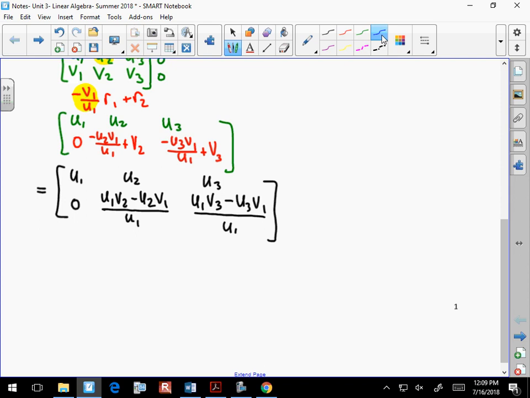Maybe I'll just backfill them in later on. It's homogeneous anyway, so it's all we're really concerned with. Okay, so we can clear out the U1s. So multiply R2 by U1.